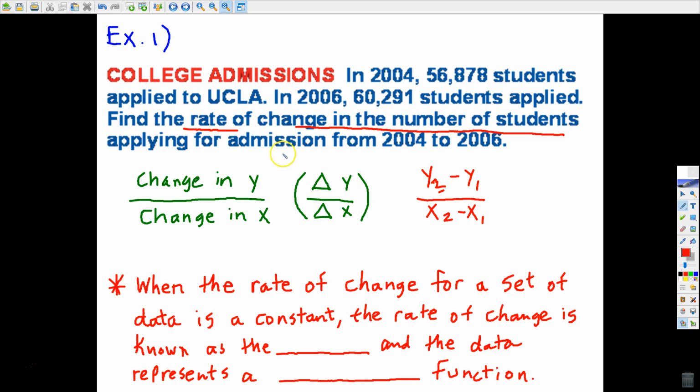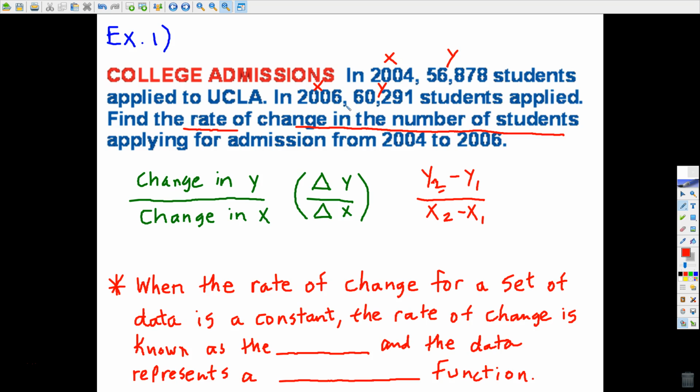So whatever it is in the problem that is unknown that we are asked to determine, in this case number of students, that will always be the y in our formula. So I'm just going to put a little y above each one of those numbers representing a student enrollment. That means the given quantity, in this case years, will be labeled as x.